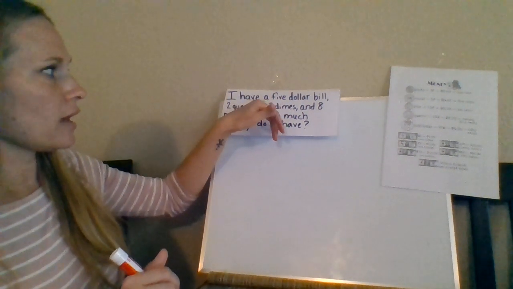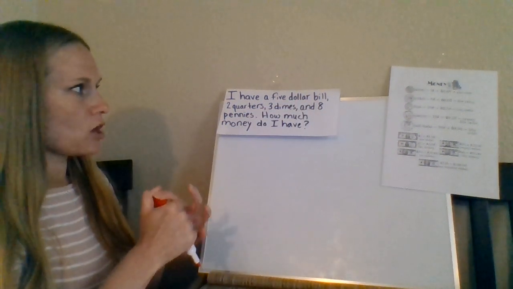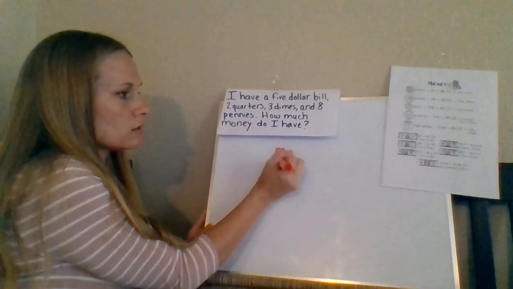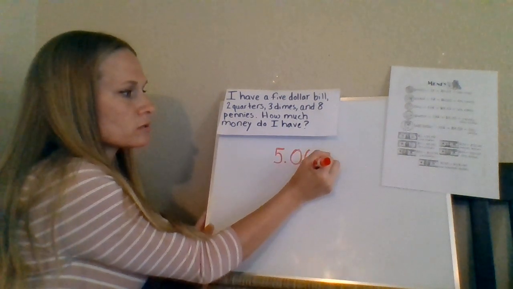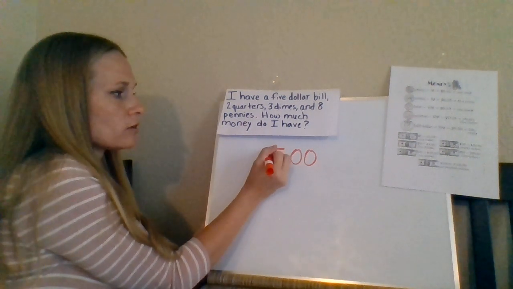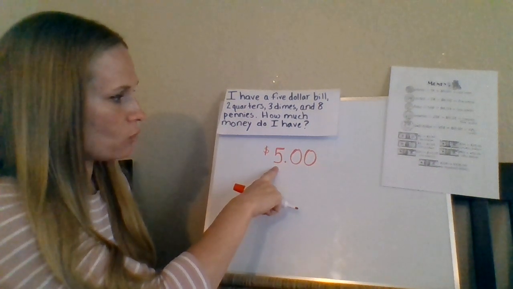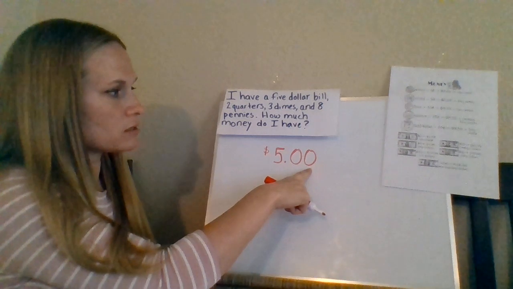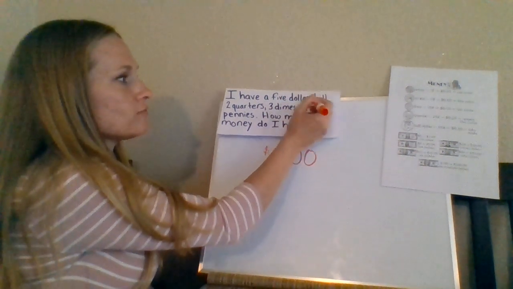So it says, I have a $5 bill. Okay, we just talked about how bills represent our ones place, our whole numbers. So $5 would be written as a 5 in the ones place, our decimal, 0 in the tenths, 0 in the hundredths place. Okay, so I have the $5 bill.